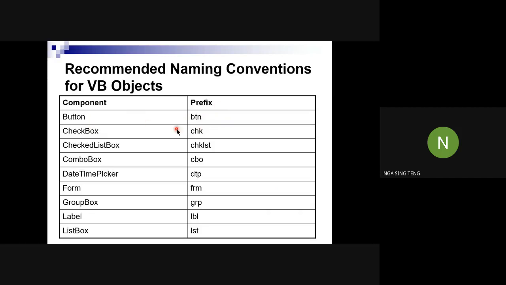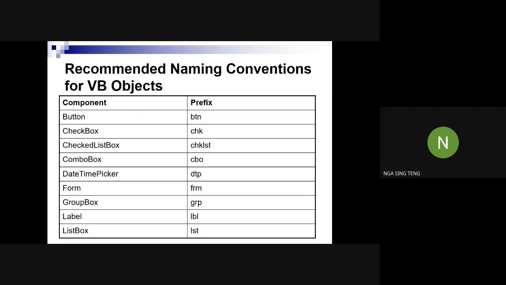If it's a checkbox, you should start with CHK and so on. So every single element has a prefix, so that it's easier for the programmer to look at it and deal with the box, now dealing with the combo box.